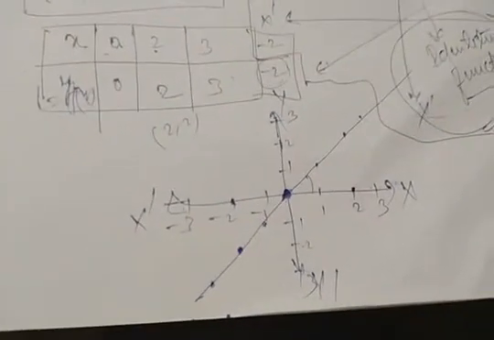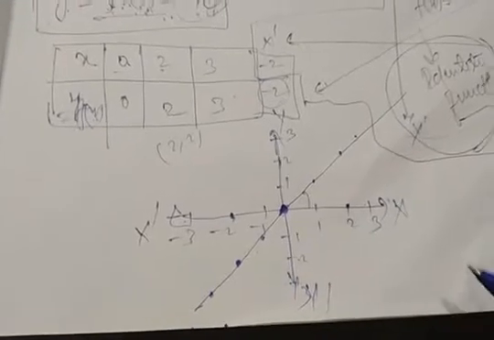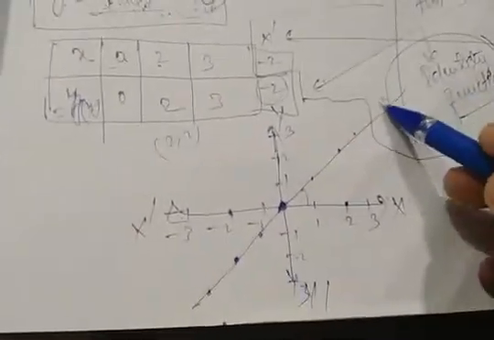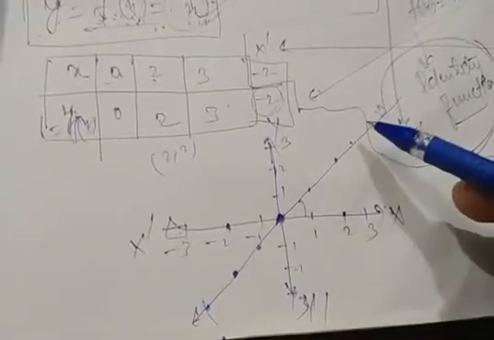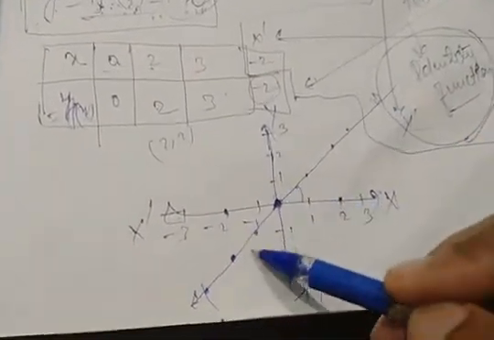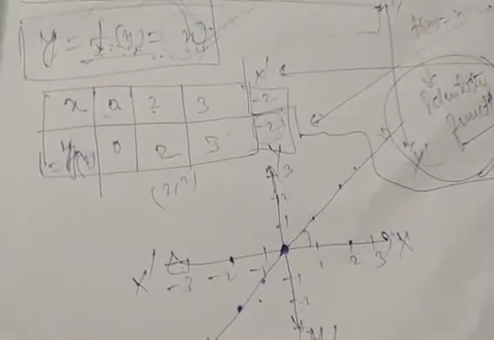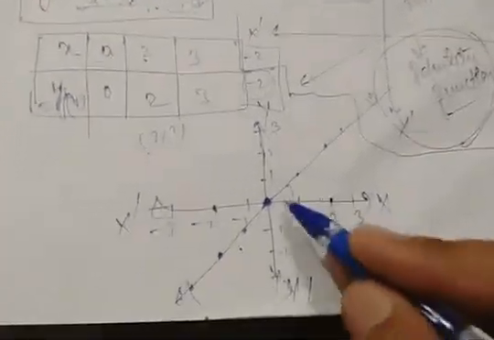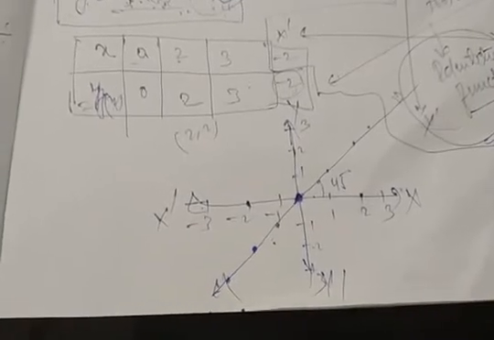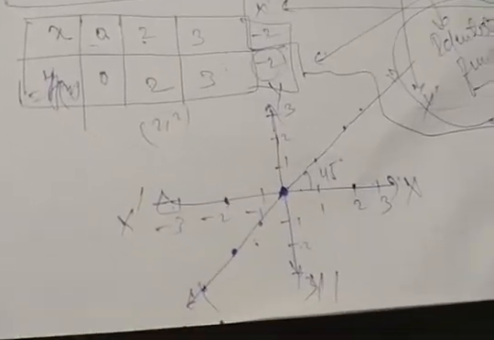So in this way we can say that the graph of the identity function is the straight line passing through the origin and inclined at an angle of 45 degrees with the x-axis. Two important things are the domain and range of the identity function.